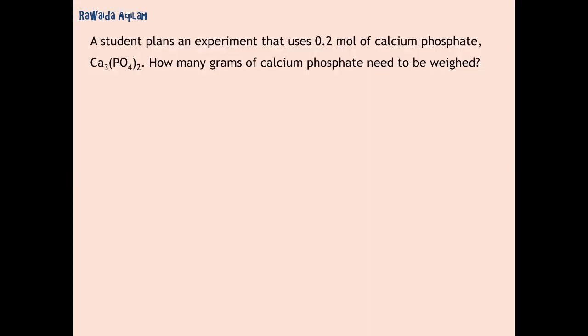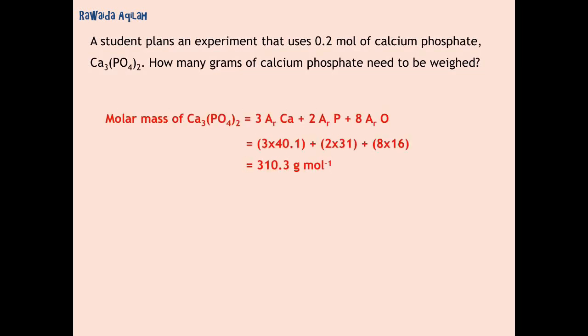Let's do this example. A student plans an experiment that uses 0.2 mole of calcium phosphate. How many grams of calcium phosphate need to be weighed? First, calculate the molar mass of calcium phosphate by adding all of the individual masses of calcium, phosphorus, and oxygen.